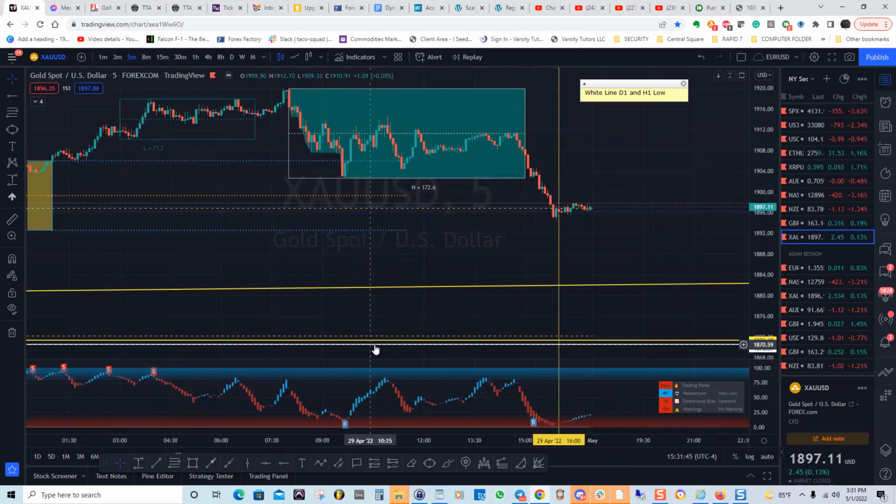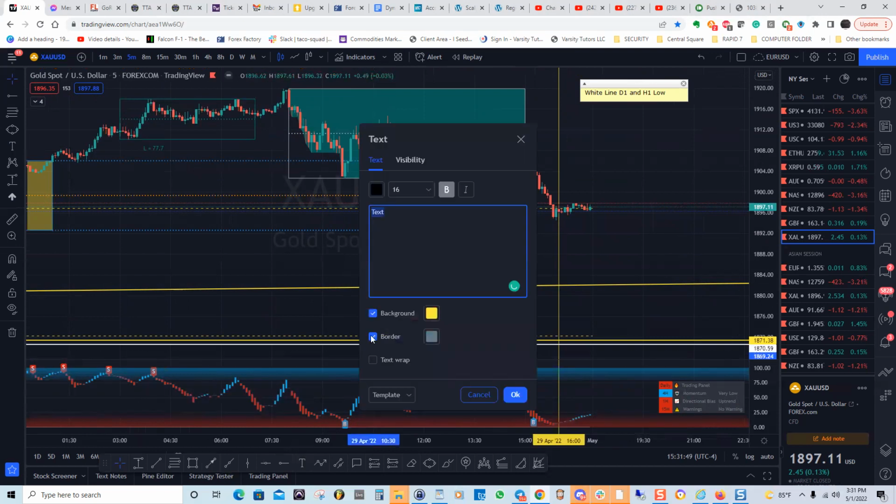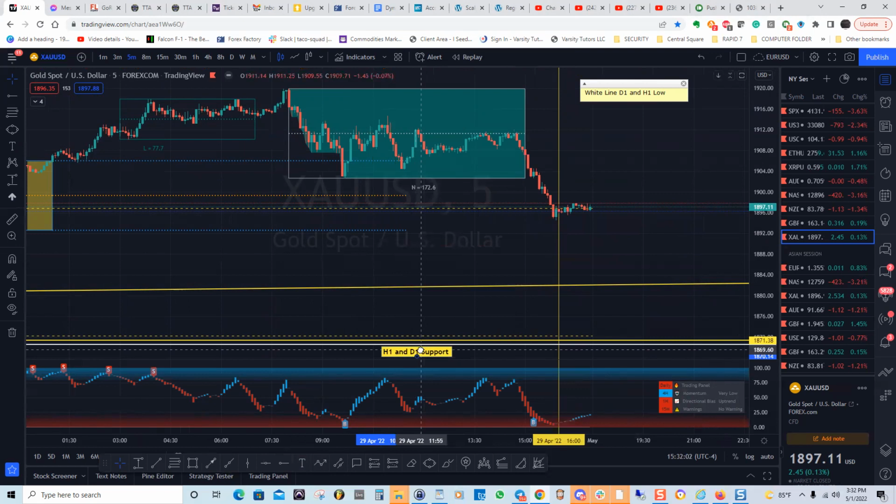So this here is the H1 and D1 support. That's important, because this is the area that we're in right now. There, see?